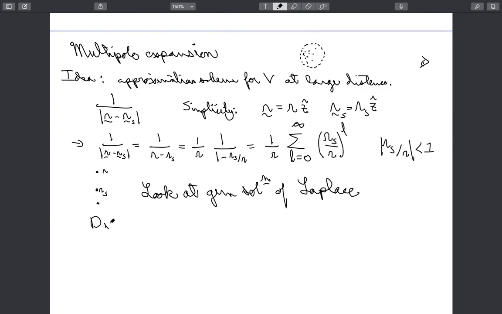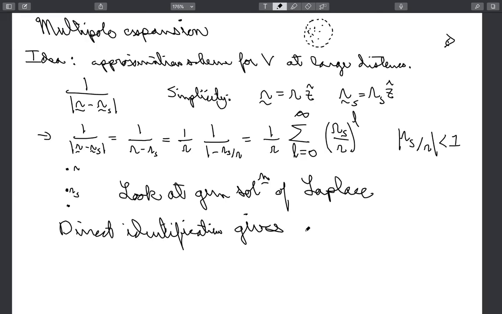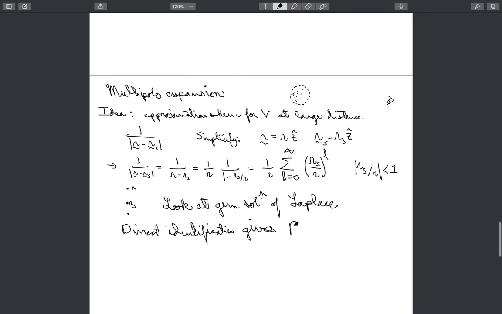All right, so direct identification gives that the coefficient BL is equal to rs to the power L. Okay?